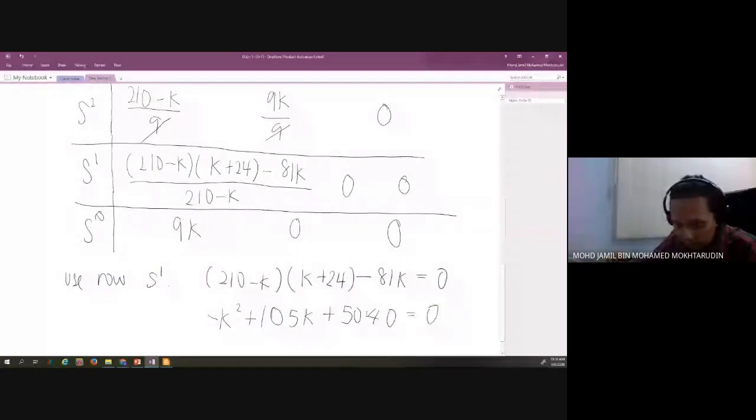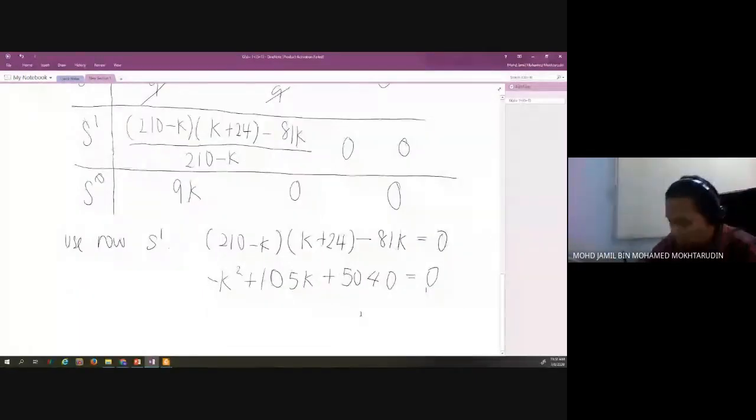And then you will have two values of k. So you get k equals 140.8 and negative 35.8. So you only take the positive value.